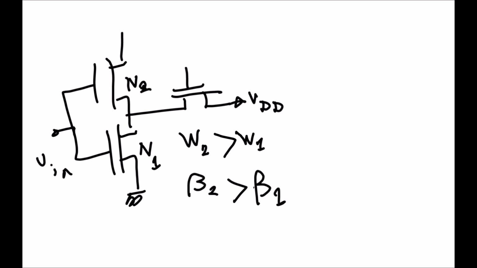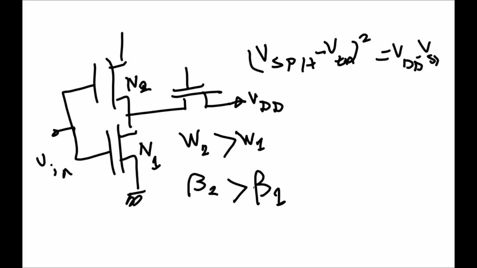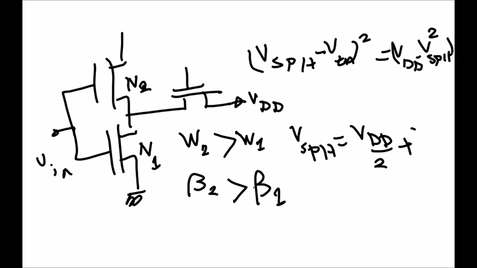Okay, now we can also take another example, in the case of beta 1 equal to beta 2. In this case we will have V switching point high minus VTN squared equal to VDD minus V switching point high squared. If we take the square root, this means that V switching point high will equal VDD over 2, which is our original VM, plus VTN over 2.